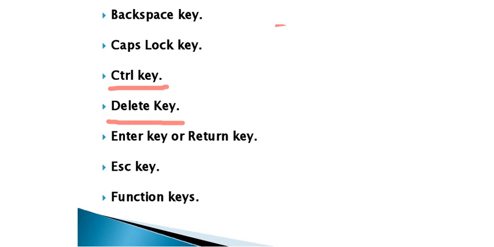When we press the delete key, it deletes the text from the right side of the cursor. So backspace key deletes the text from the left side, and delete key deletes the text from the right side, or the selected text. When we select the text and press delete, it will delete that text.